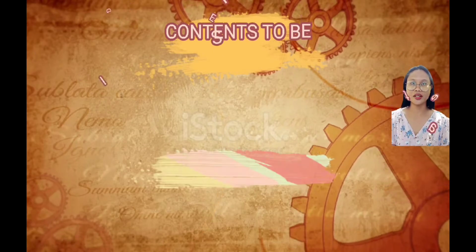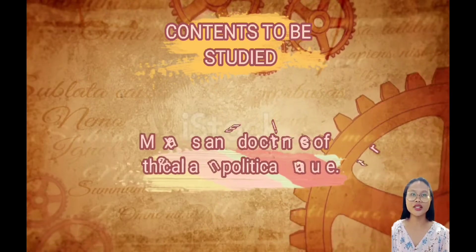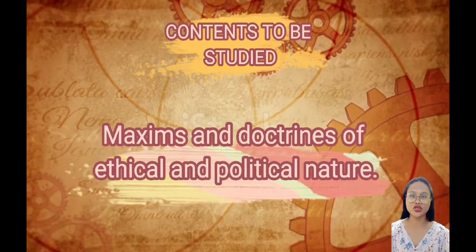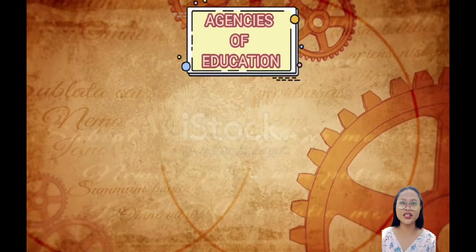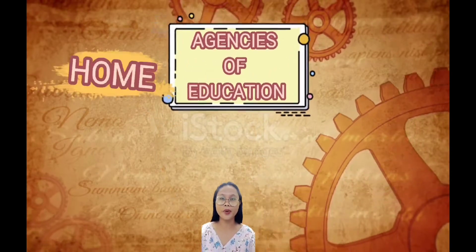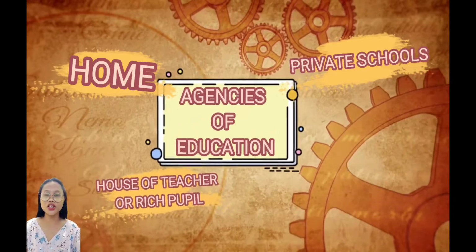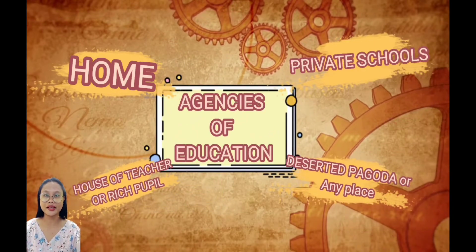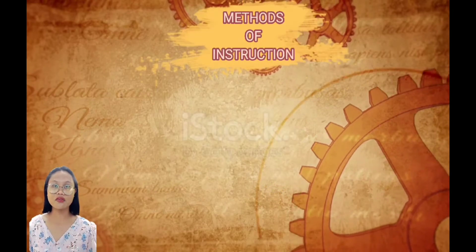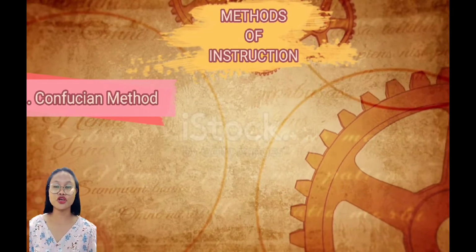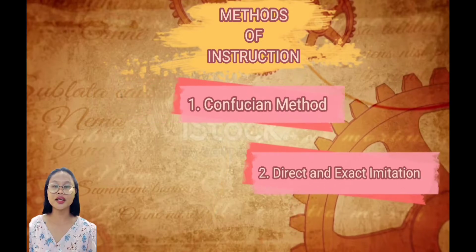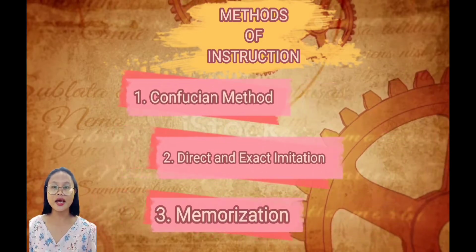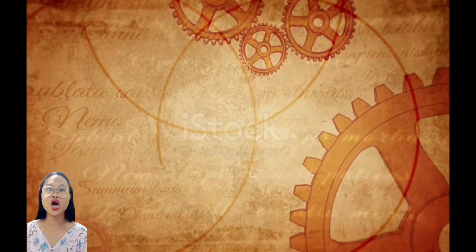Contents to be studied: maxims and doctrines, ethical and political in nature. Agencies of education: home, private schools, the house of a teacher or rich pupil, a deserted pagoda, or any place. Methods of instruction were the Confucian method, direct and exact imitation, and memorization.